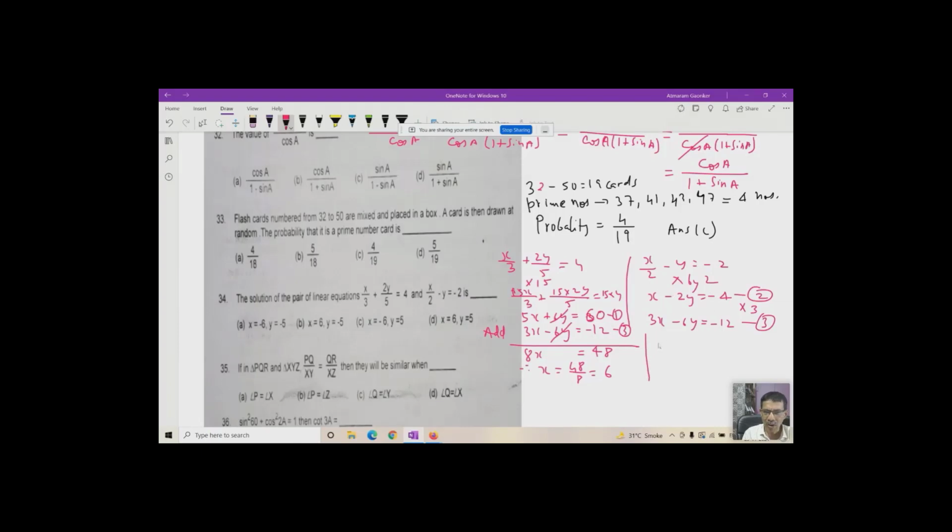So I will get 6 minus 2y is equal to minus 4. So minus 2y is equal to minus 4 minus 6. So y will be minus 10 divided by minus 2, that will be equal to 5. So I have got x is equal to 6 and y is equal to 5. That is answer D.